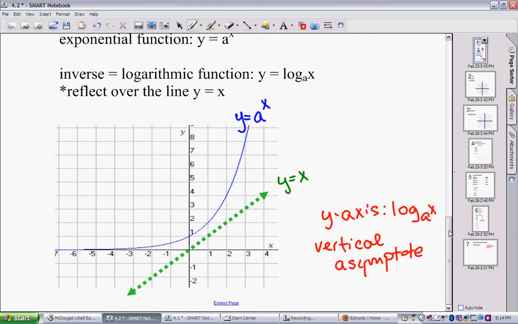So, we're going to start by being very close to the y-axis, but never touching it. And then it's going to pass through the point 1, 0, going up. The blue passes through 0, 1, so its inverse passes through 1, 0.